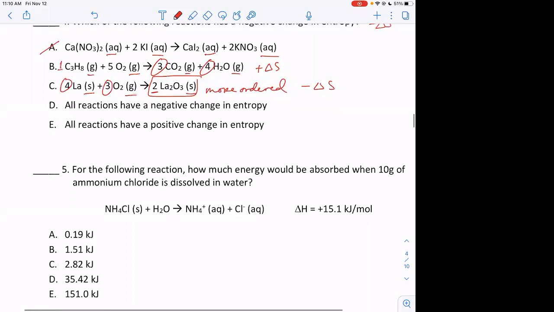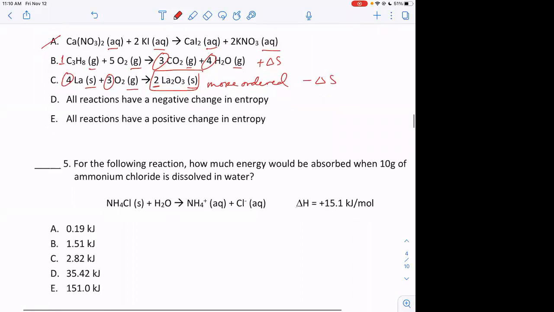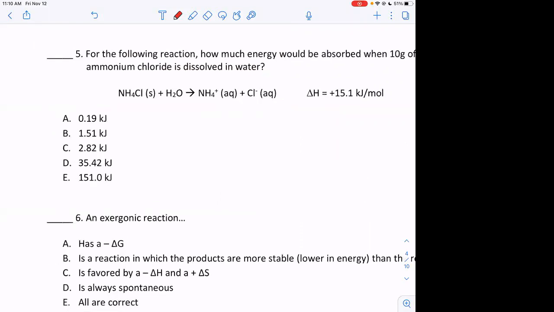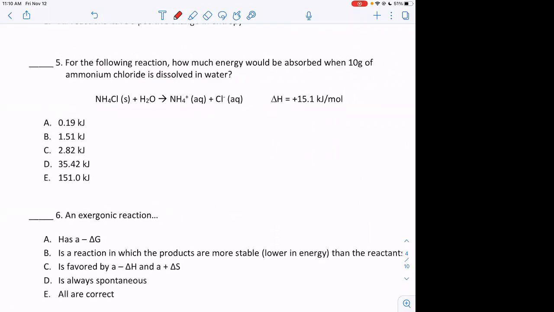Okay, 5, I think some people struggled with 5, maybe. It says for the reaction, how much energy would be absorbed when 10 grams of ammonium chloride is dissolved in water? So which one's ammonium chloride? Yeah, this one right here.